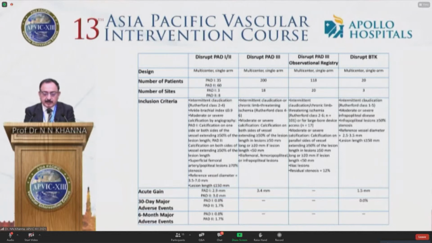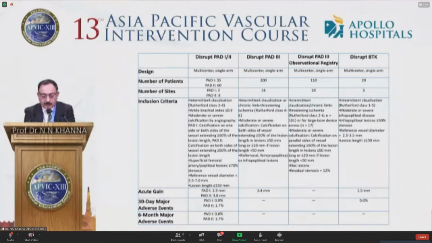The initial trials and all the Disrupt trials included patients with heavy calcification, more than 50% of circumference, and mostly the lesions were long, and often eccentric or concentric, both. Initial studies were of 35 and 60 patients, then PAD 3 had 200 patients, and the PAD 3 observational study has 118 patients.